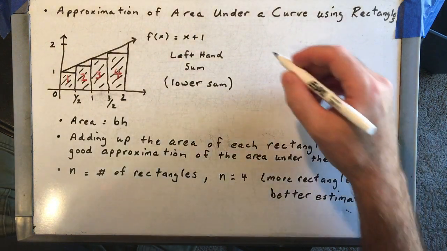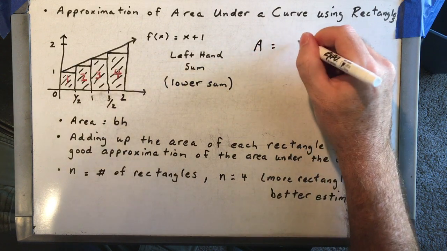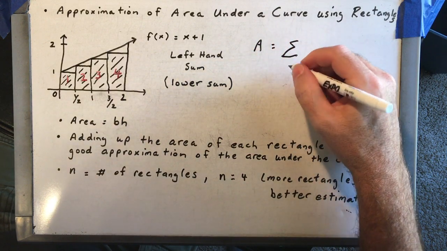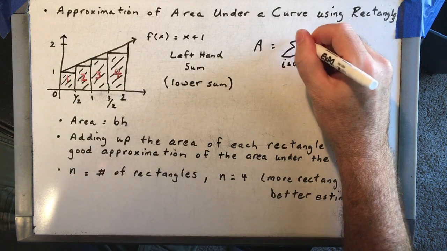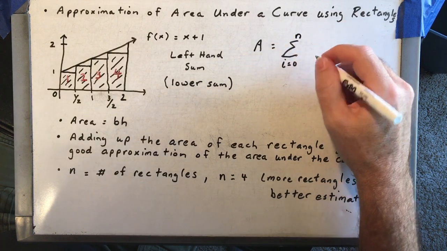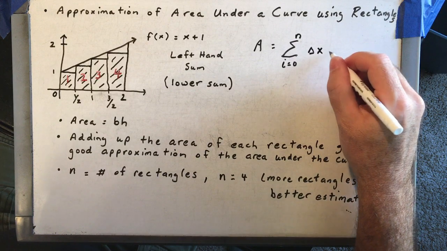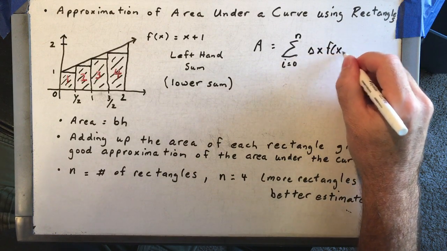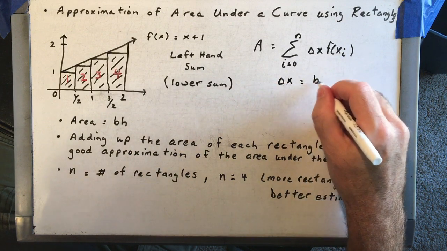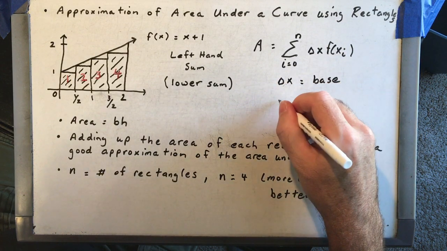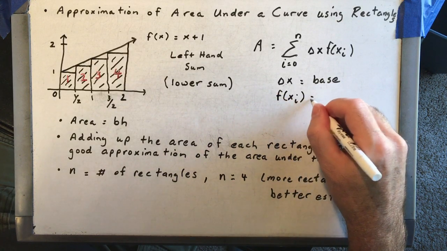So if we were to put this in sigma notation, then you would say the area is equal to the sum from I equals 0 to n of delta x times f of x sub I, where delta x is equal to the base and f of x sub I is equal to the height.